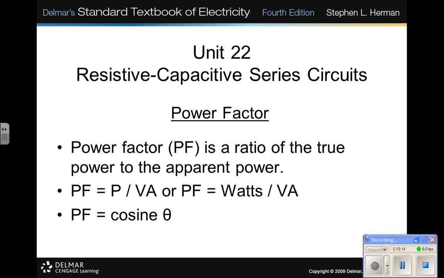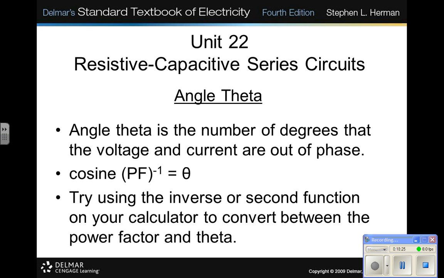What is the difference? One's going to be scaled up or scaled down from the other, right? They're just different scales. They're the same angle. And what's that angle called? Phase angle, angle theta.